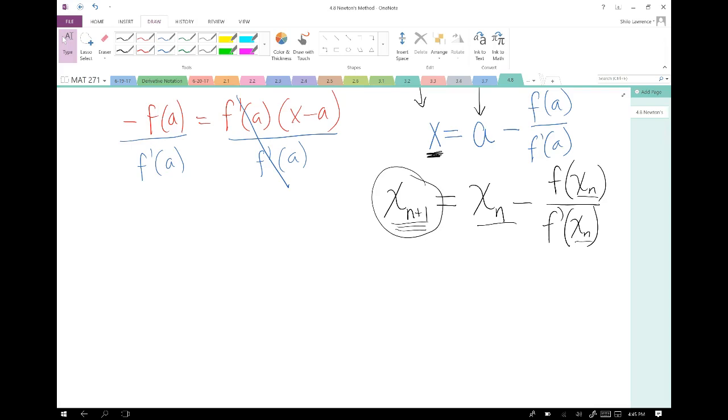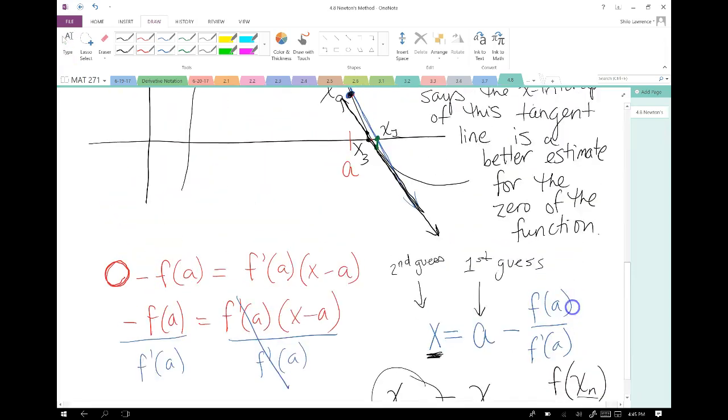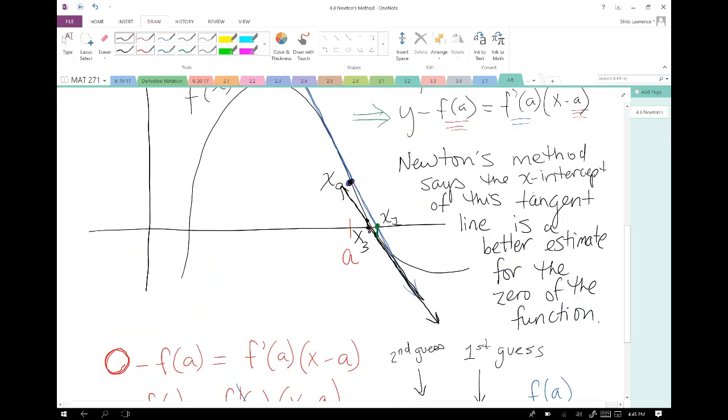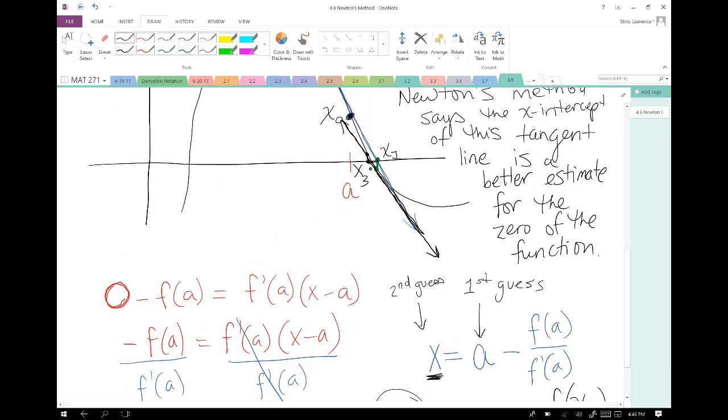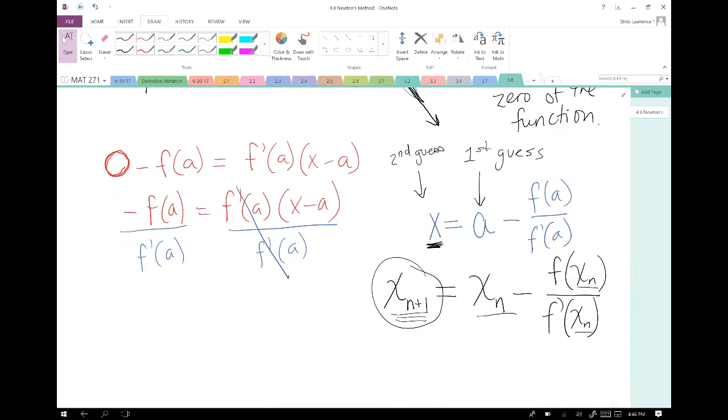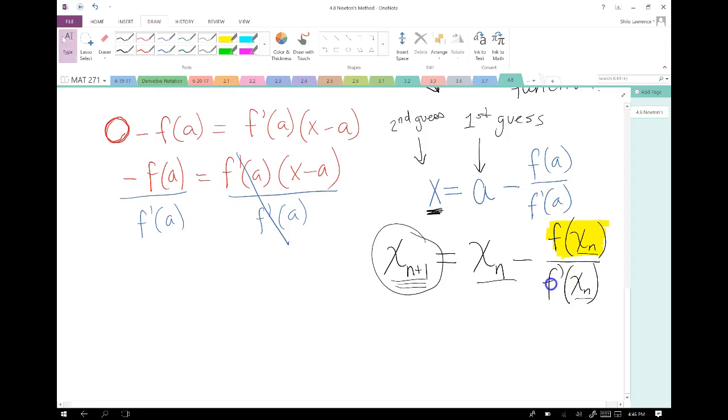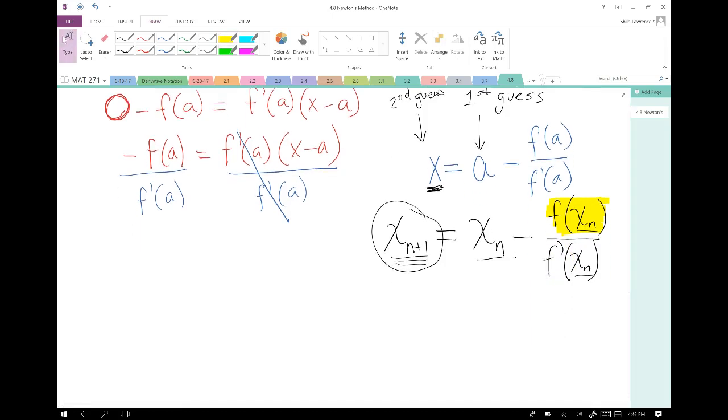And what's going to be a really good indicator on whether we're getting close or not is the y values are going to get closer and closer and closer to 0 because what we're looking for are intercepts here. So we're really close to the intercept if the y value is 0. And that's one of the things that we have to calculate along the way is the function value, which is the y value. So we'll know if we're getting close if that function value gets really, really close to 0.